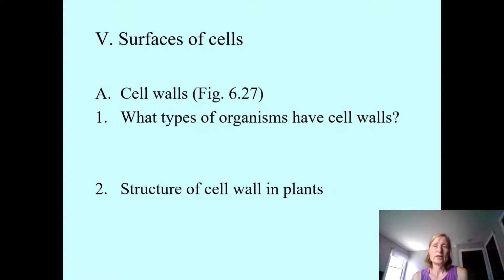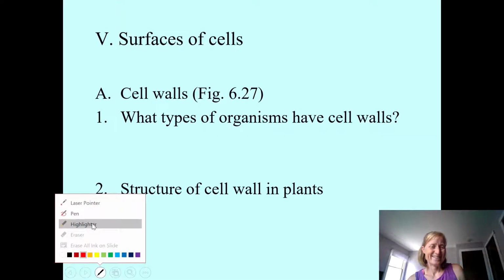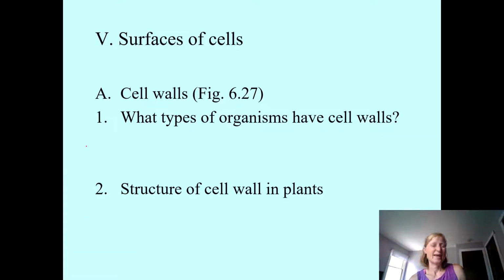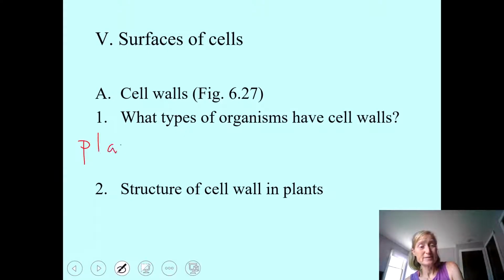Now, can you think of organisms that have cell walls? Well, animal cells don't, but plants do, and so do fungi.